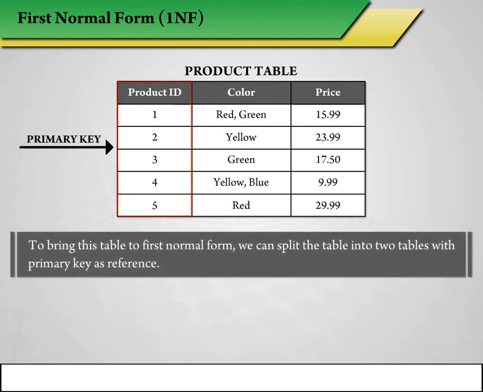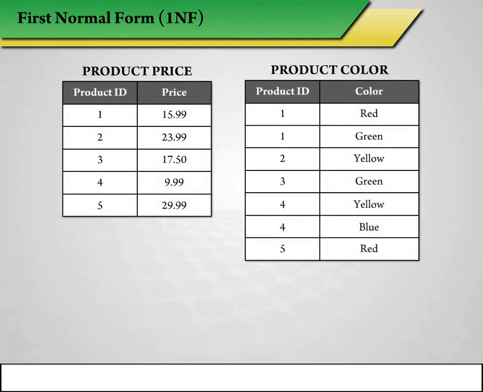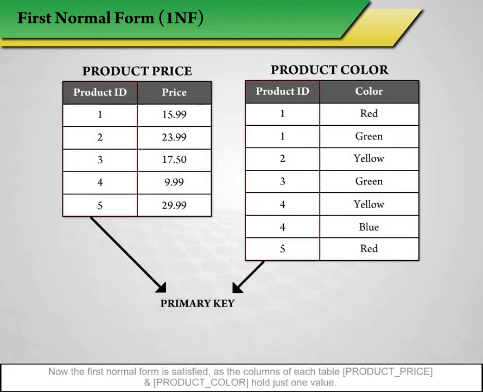To bring this table to first normal form, we can split the table into two tables with the primary key as reference. Now first normal form is satisfied as the columns of each table, product price and product color, hold just one value.